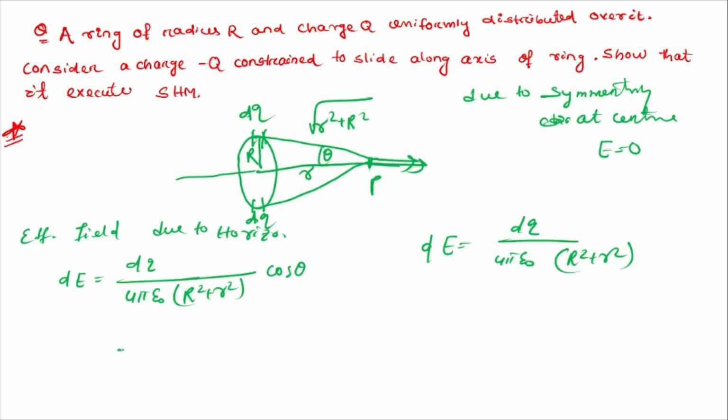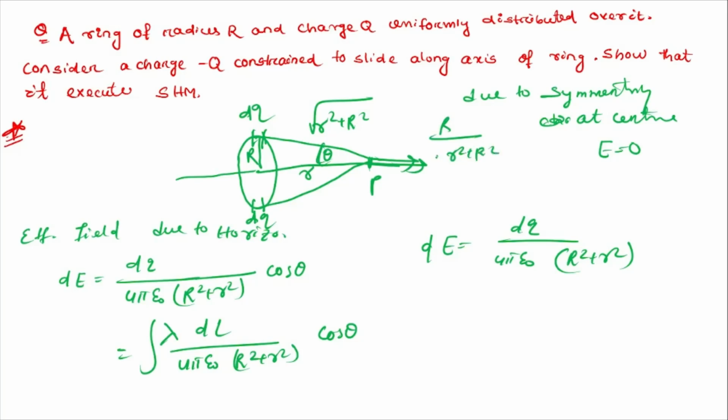And dq will be lambda dl, so it is the integration of lambda dl over 4 pi epsilon naught r square plus r square times cos theta. I can write cos theta, and from this figure cos theta will be r upon the square root of r square plus r square. So I can put that.